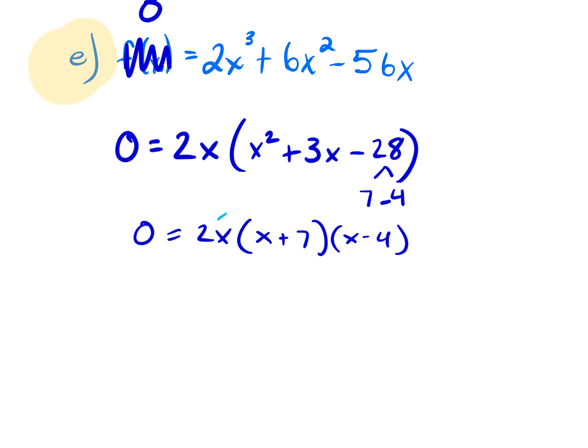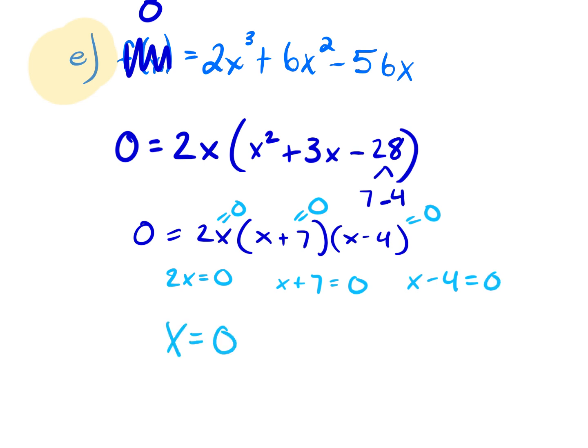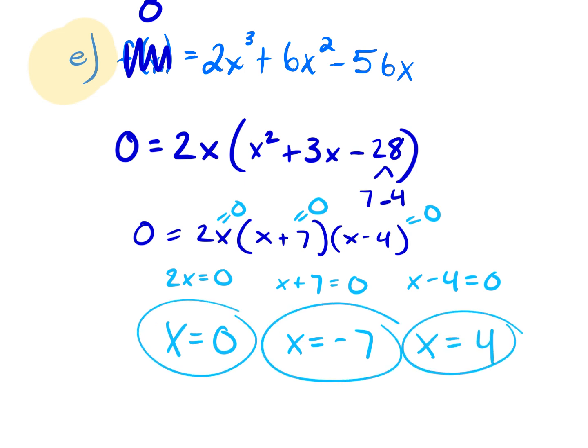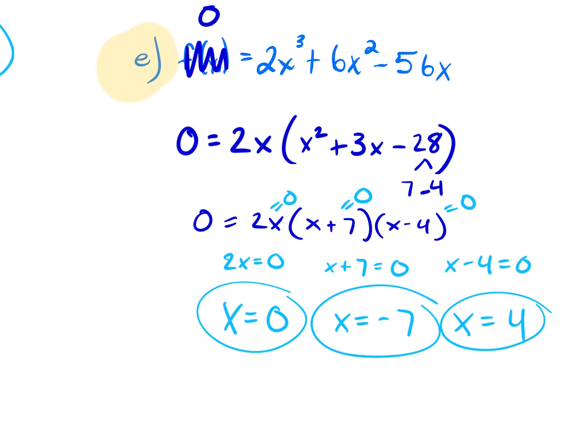From here we'd set each piece equal to 0. So 2x equals 0, x plus 7 equals 0, and x minus 4 equals 0. So x is equal to 0, x is equal to negative 7, and x is equal to 4. Make sure you guys know how to factor.